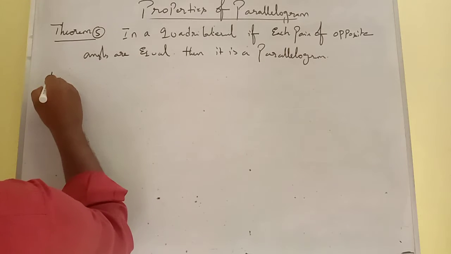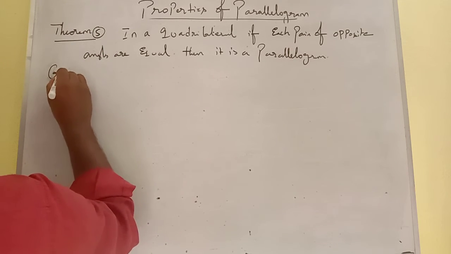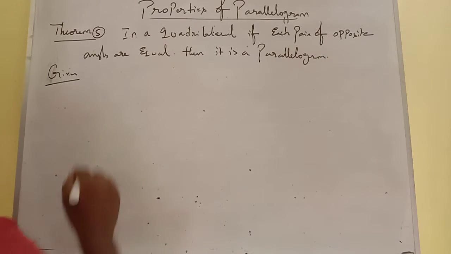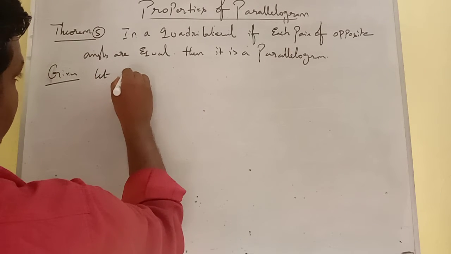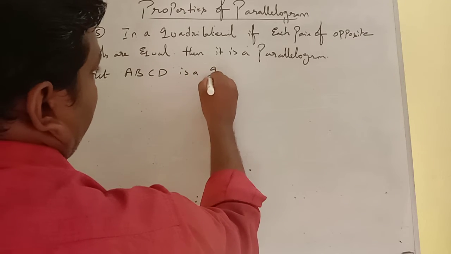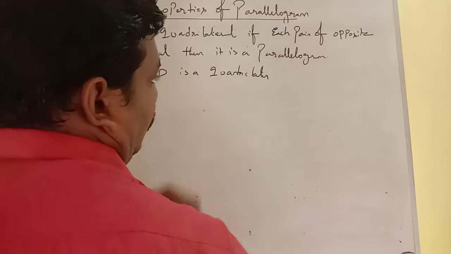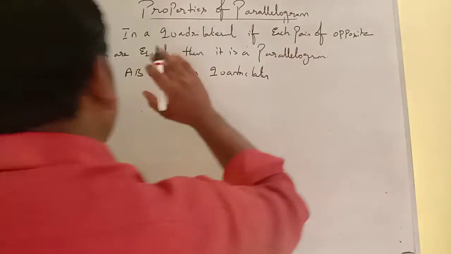So, the proof. First, what is given? Let ABCD be a quadrilateral whose opposite angles are equal.